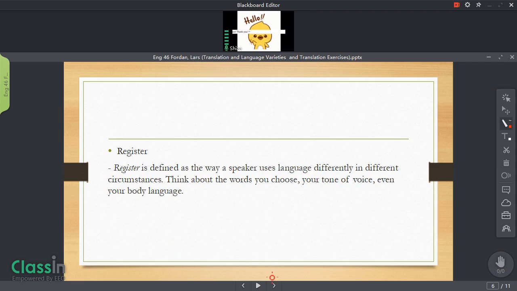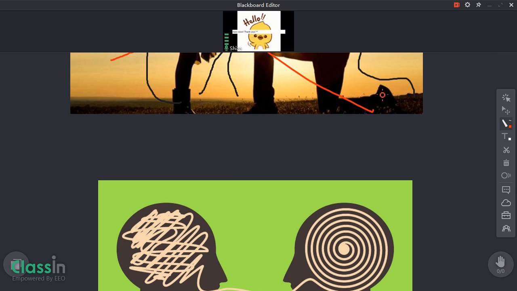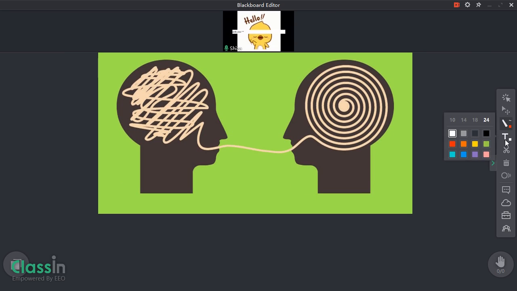Now, let's move to our next page. We have jargon. Jargon refers to the specialized language of a professional or occupational group. Such language is often meaningless to outsiders. For example, you use the word gullible to the outsiders. It can create confusion for this guy because he doesn't know the meaning of the word gullible.